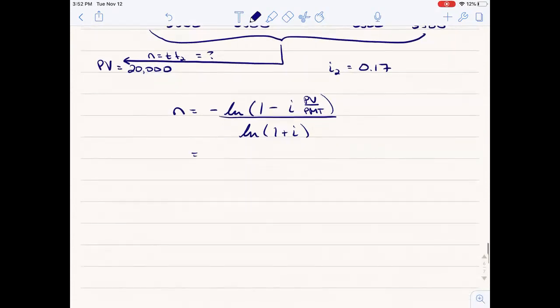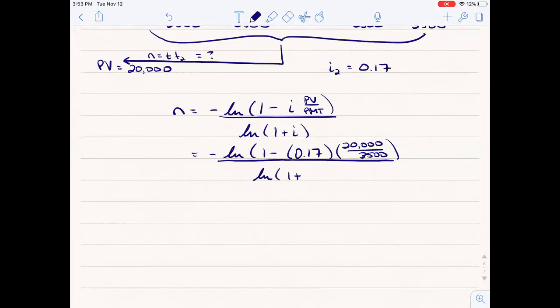We need the negative log of 1 minus 0.17 times the present value, 20,000, divided by 3,500. And then divide that by the log of 1 plus 0.17.